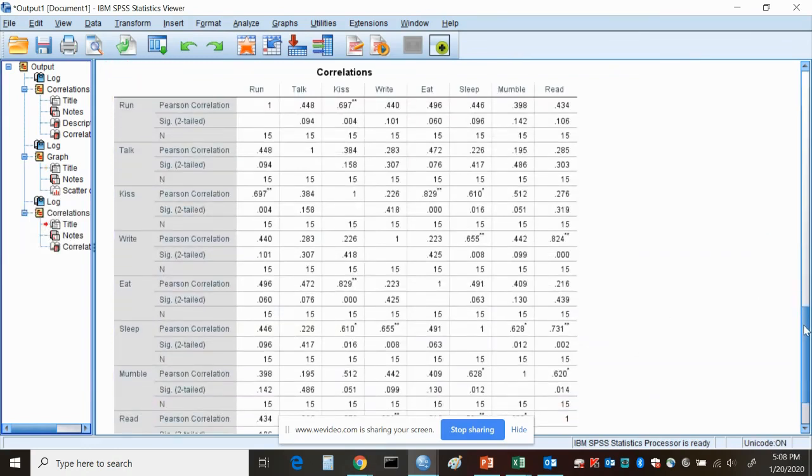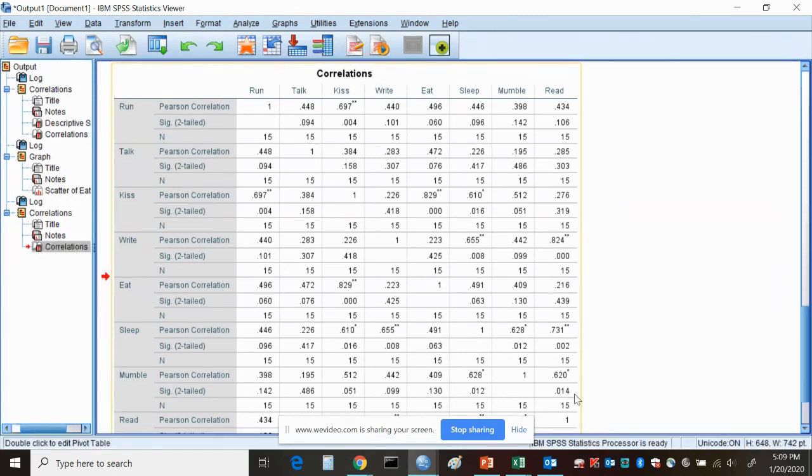And so this is a matrix. By a matrix, it means that it has the same variables going across as it has going down. And so once again, like we saw when it was just 2 variables, right down the middle you see a 1, which separates the mirror images of the left side and the right side.